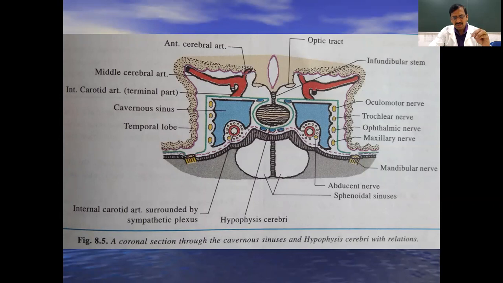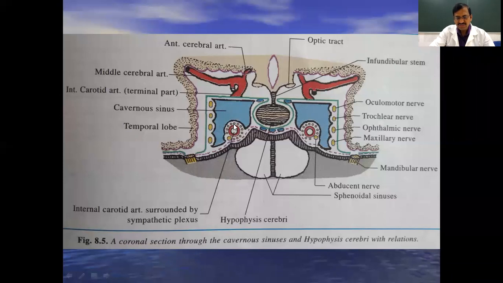That is the most diagnostic point related with fracture of the base of the skull and the formation of an arteriovenous fistula.